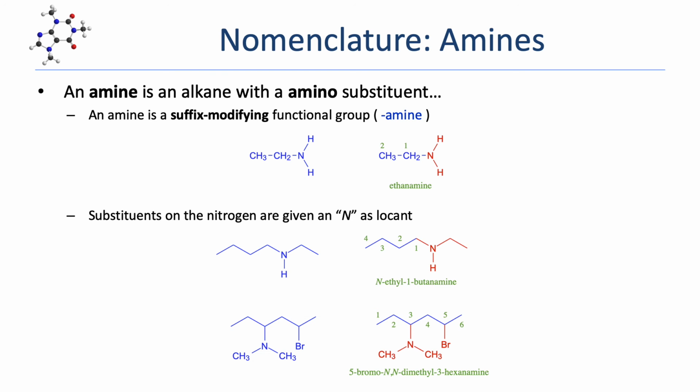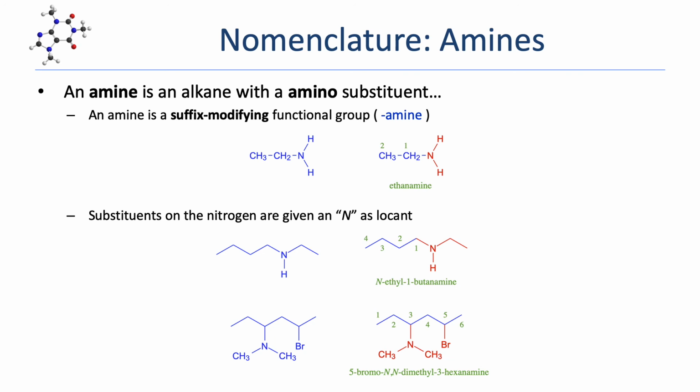It would give a lower value for the bromine, but that's subordinate to the nitrogen because the nitrogen is a suffix group. So again, we are going to number this left to right, and we can see that the amine is on the 3 and that the bromine is on 5. In this case, we have two substituents on the nitrogen, and they happen to be methyl groups. And we already know how to treat multiples of the same substituent, right? In this case, since we have two methyls, we're going to say dimethyl.